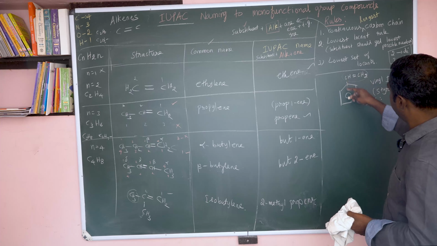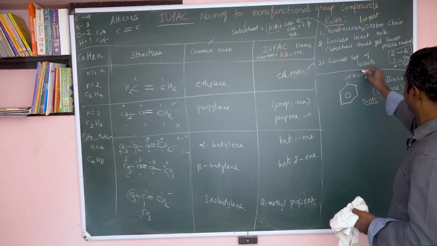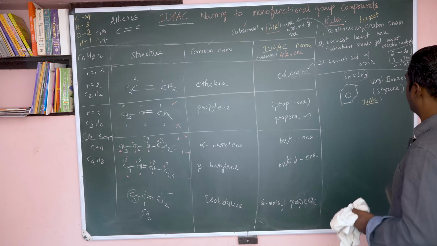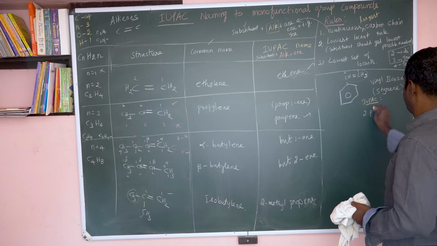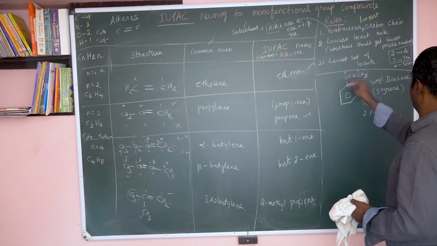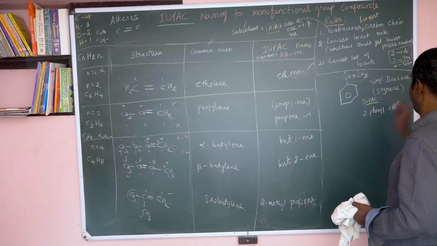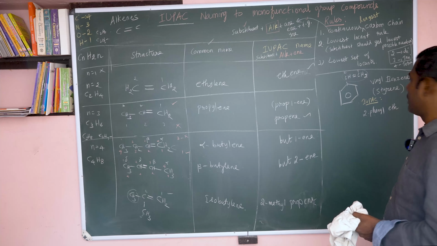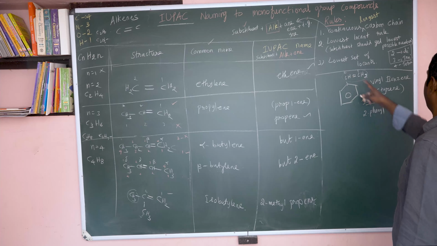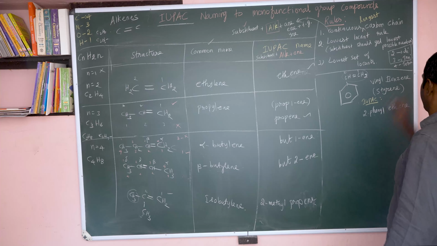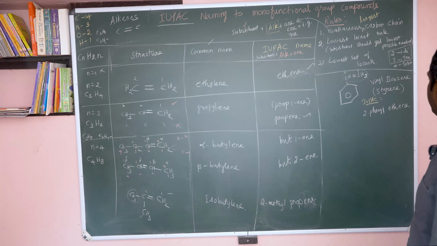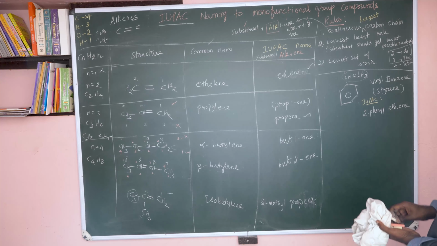In this main part, the phenyl group is attached, so number 1, number 2. So 2-phenyl, 2 carbons, so the root word is eth. Phenyl is a substituent. The double bond is there, so ene. So 2-phenylethene. So this is also correct.